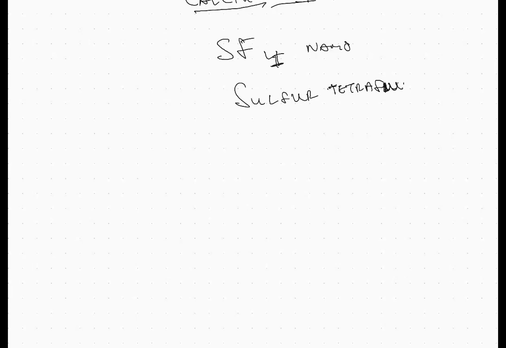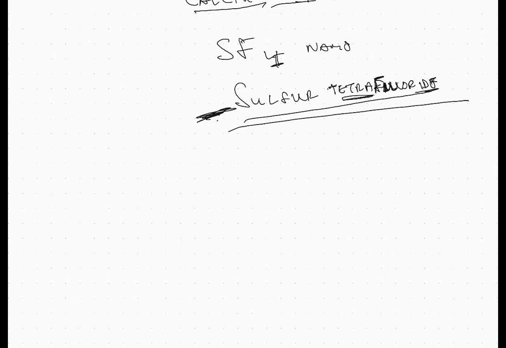You don't write mono if there is just 1, but if it is more than 1, you say whatever that number is, like di, tetra. So in this case it is sulfur tetrafluoride.